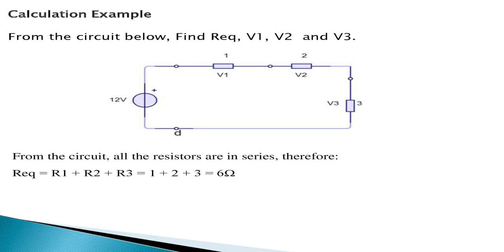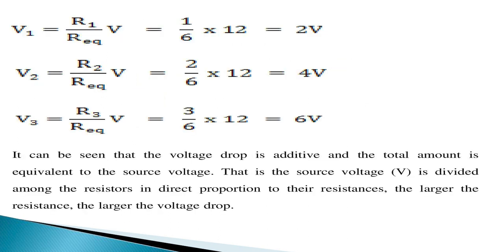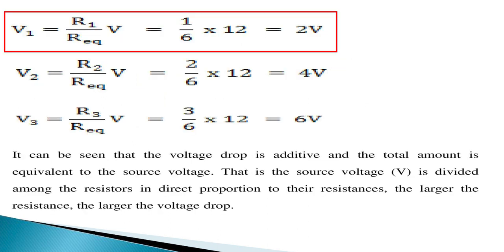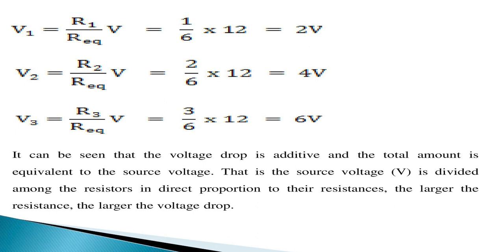From equation 7 above, V1 is equal to R1 over R equivalent times V. Our R1 is 1, our R equivalent is 6, our V is 12. So 1 divided by 6 times 12 gives us 2 volts. So our V1 is 2 volts.